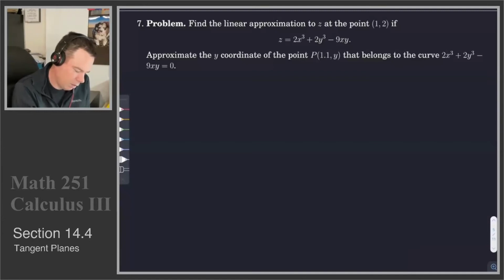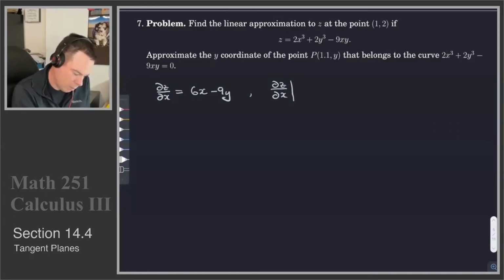Okay, to get our linear approximation, we're going to need to know our derivatives. So we'll go dz dx, get our x partial, that's 6x minus 9y. And we're really interested at the point 1, 2, so let's go ahead and compute the value there. I'm using the Leibniz notation now just to get a contrast from that subscript notation.